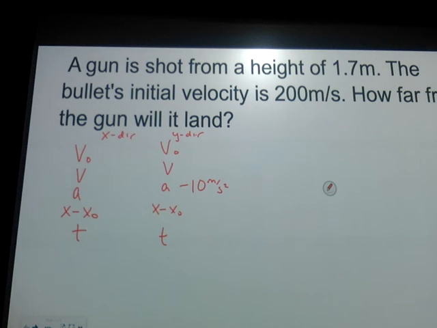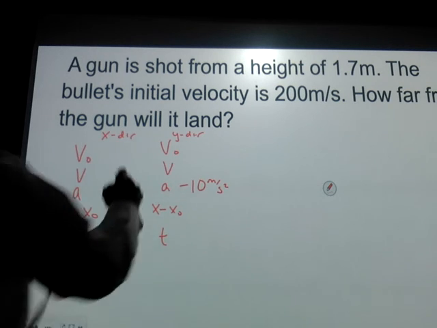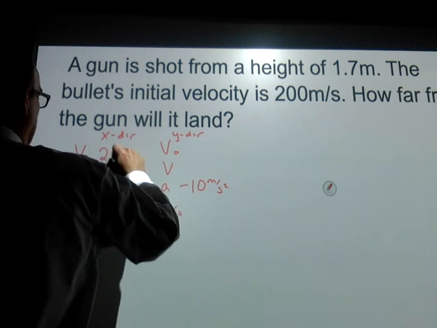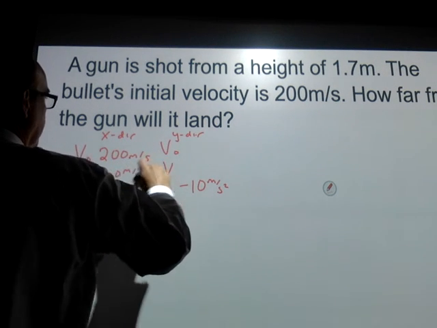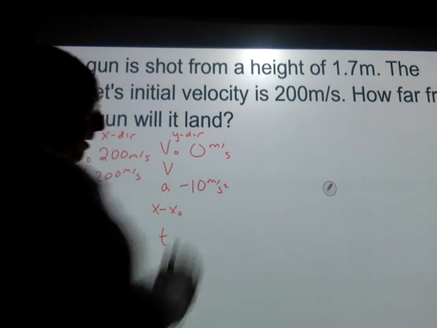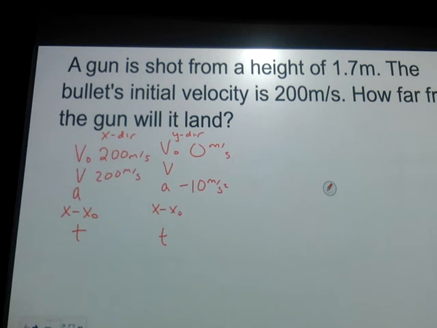V naught is 200, X direction. Okay, good. So we know that when we shoot something sideways, all of the velocity is in the X direction. And our Y direction, initial velocity is 0.